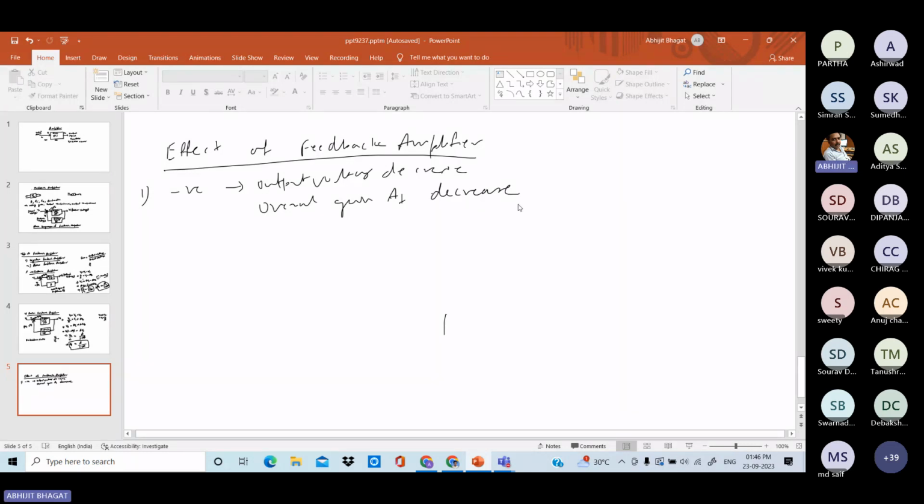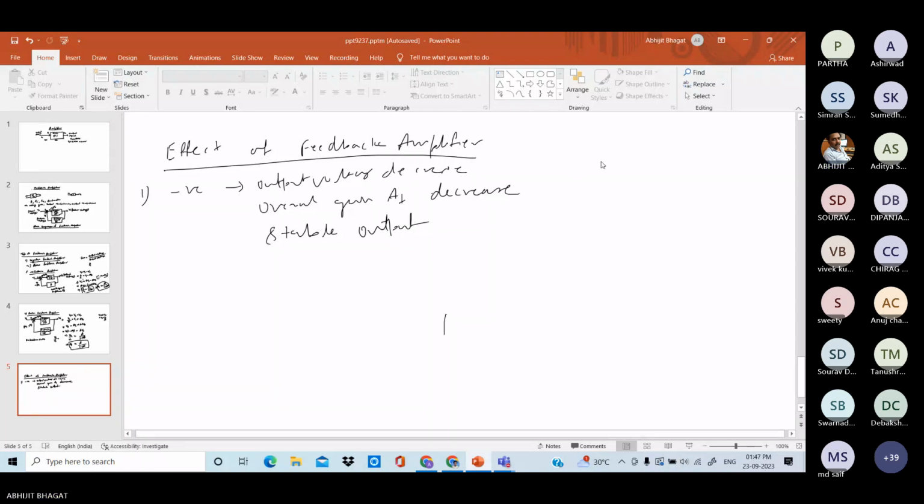Okay. But in case of negative feedback amplifier, whatever the output you are getting, you are getting the desired output, or you are getting the stable output. Stable output you are getting across the output side.